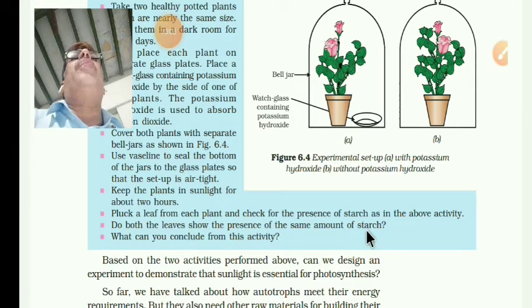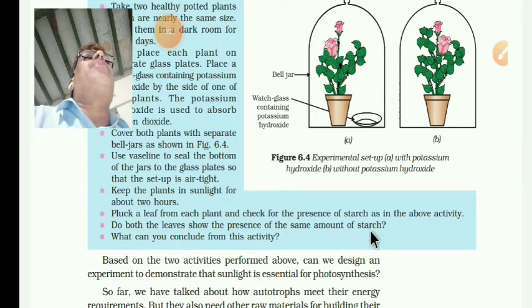No. The leaves of plant A show the absence of starch, while the leaves of plant B show the presence of starch. Okay. What can you conclude from this activity?